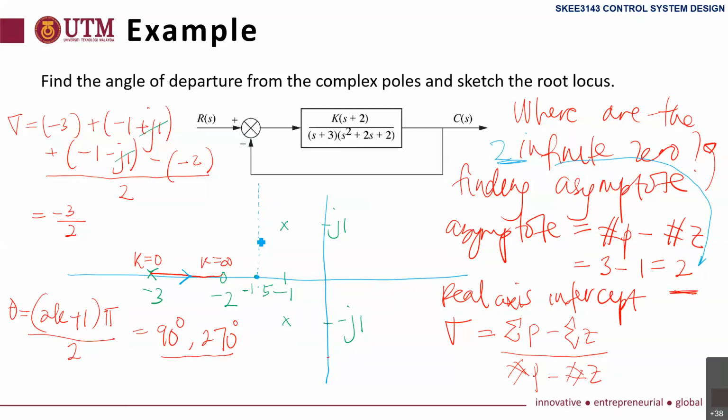This is asymptote number 1. Another asymptote is at 270 degrees. This is the other asymptote. This is how to show asymptotes on the root locus.